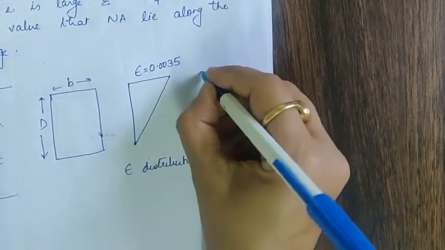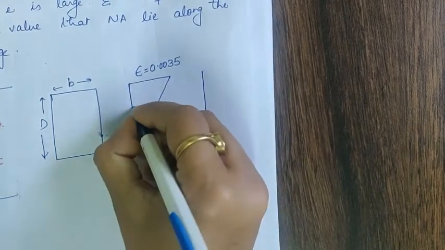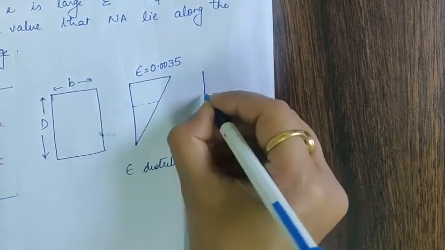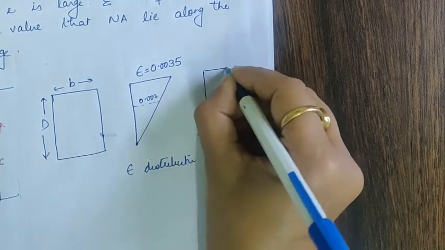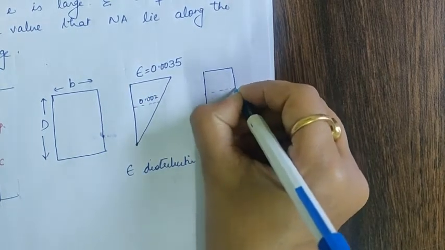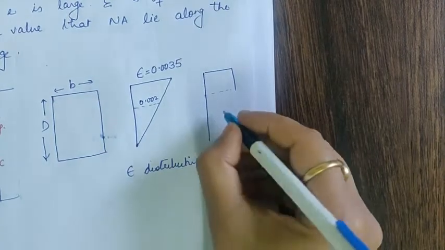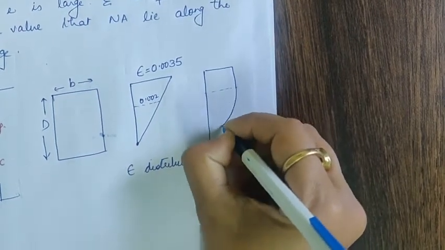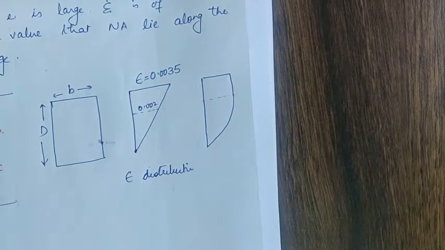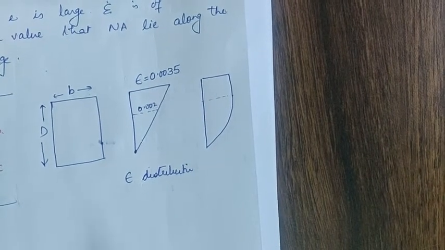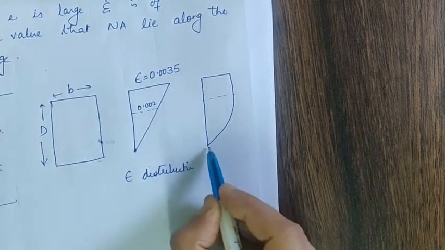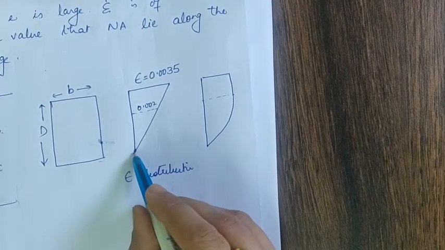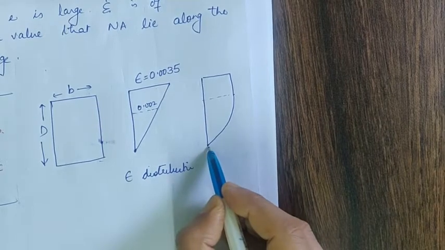Correspondingly, the stress distribution will be, at the point where the strain is 0.002, up till this point a rectangular distribution. Beyond that, it is going to have a parabolic distribution. Now the origin of the parabola is right within the cross section, because the origin of this strain is at the edge.